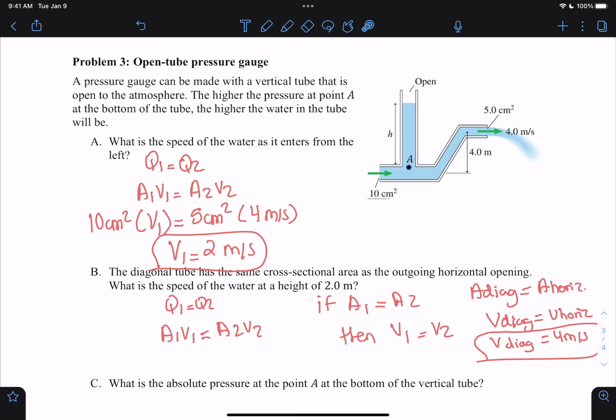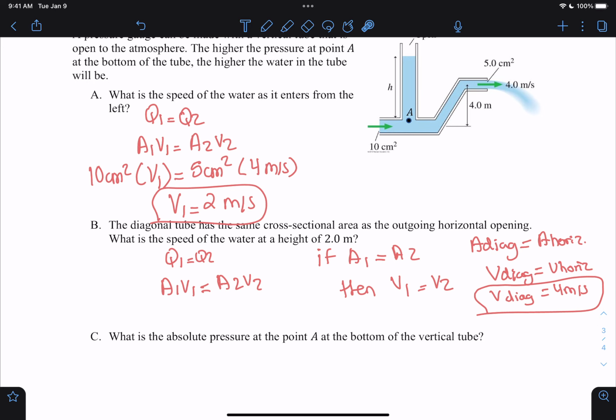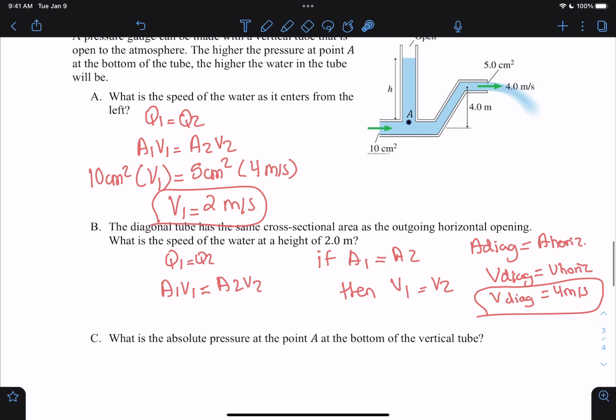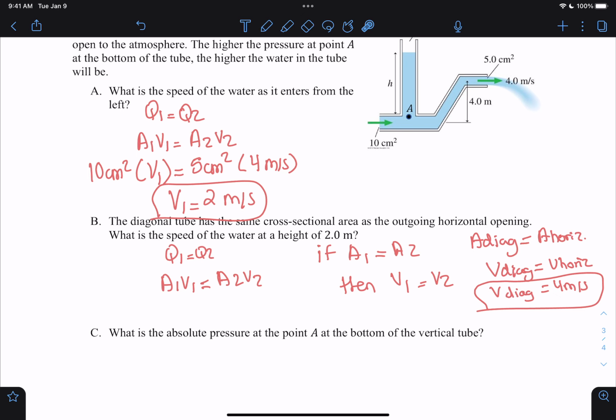So do we have a fluid that is moving, or is it static? So it's moving, right? Now, since it's moving, if we wanted to figure out pressures at certain points with motion of a fluid, which equation should we use? If we want to relate pressures with the pressure of moving fluid as well.